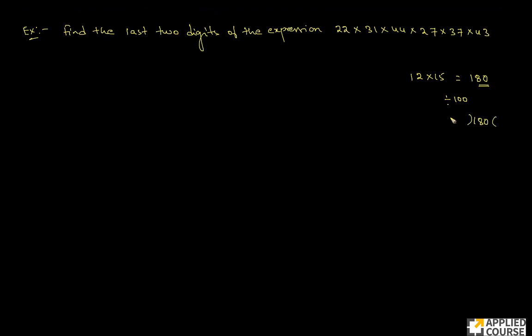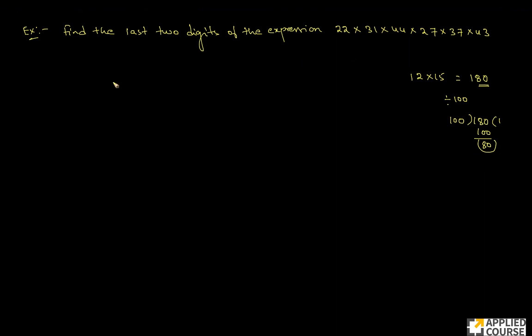If I divide by 100, 100 goes once, so what is the remainder? 80. So in another way, I can find that remainder by dividing by 100.